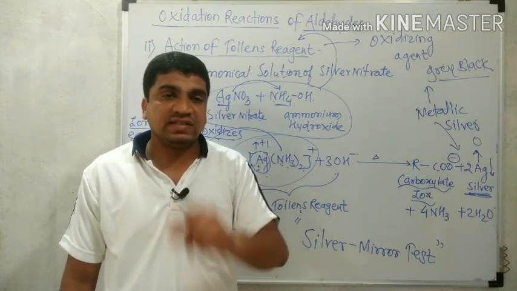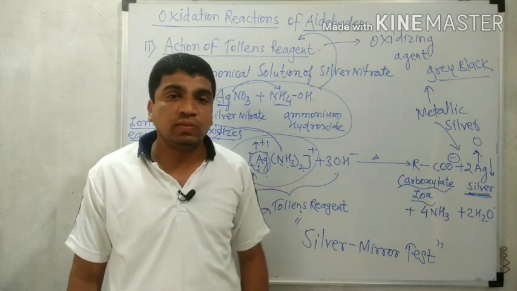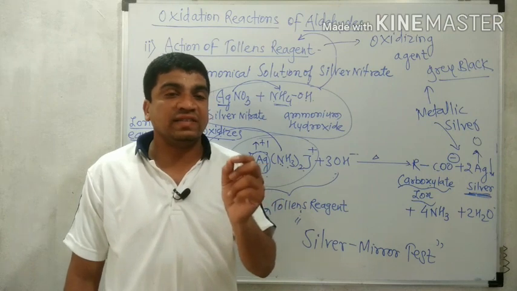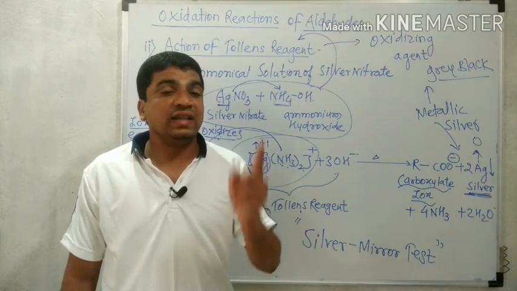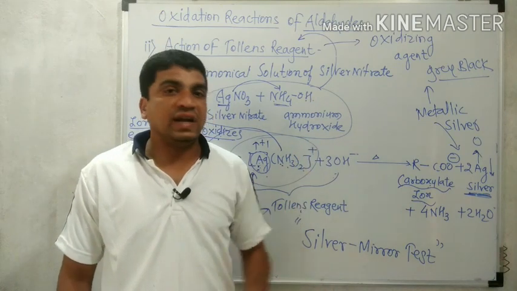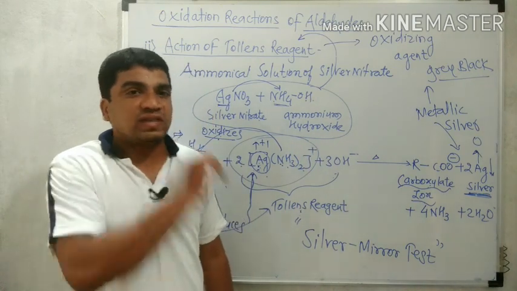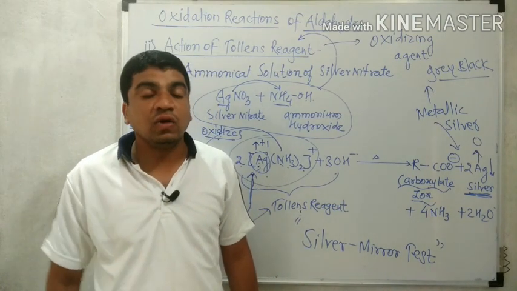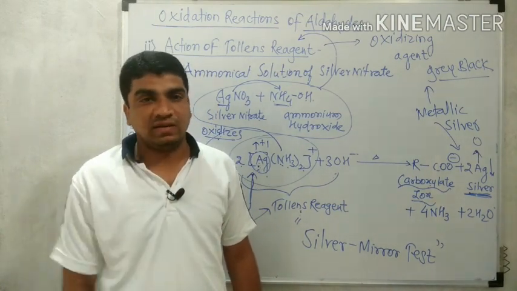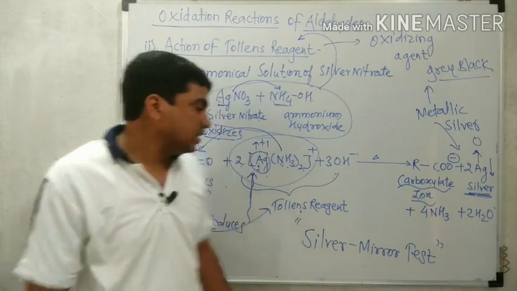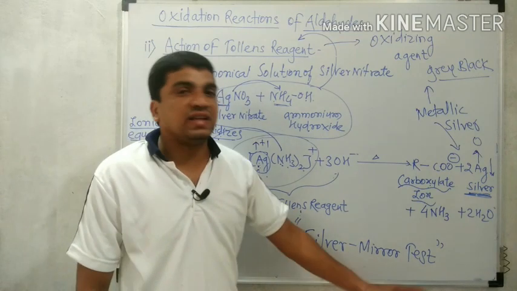If the test is carried out in a glass test tube, then this grey-black silver is deposited on the inner side of the test tube. And when we look at the test tube from outside, the glass appears like a mirror. So the test is also called the silver mirror test.